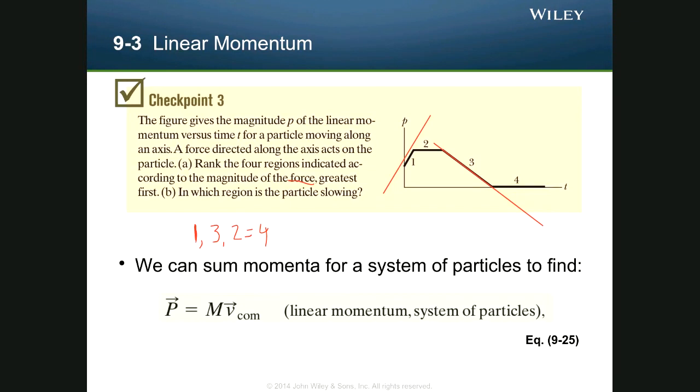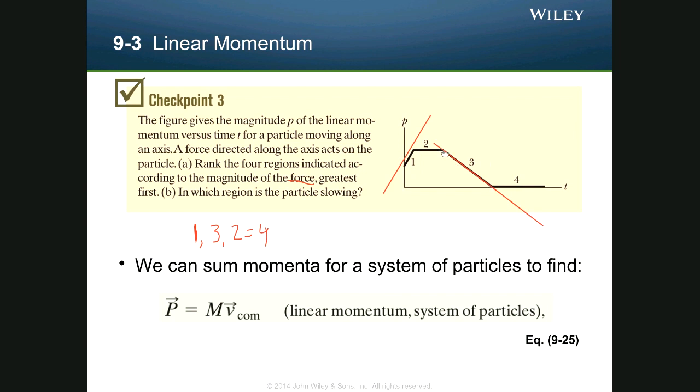All right, good. Now, part B asks, in which region is the particle slowing? Not is it moving the slowest or has it stopped, but in which region is it slowing? So you'll notice as we go through, the momentum is increasing, right? It's increasing. And then the momentum is just not changing here. Here it's decreasing in 3, so it's definitely 3, right?